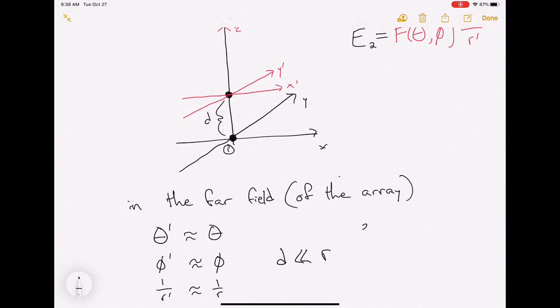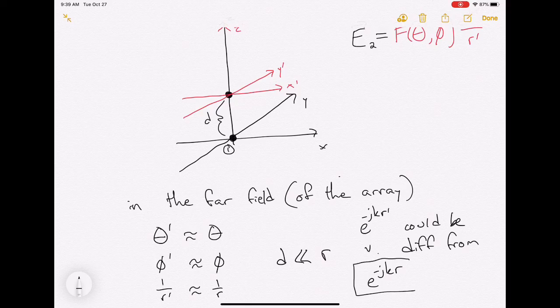But e to the minus jkr prime could be very different from e to the minus jkr, because the variation in this exponential does not decrease as r gets bigger.